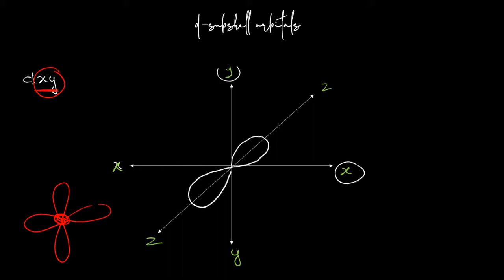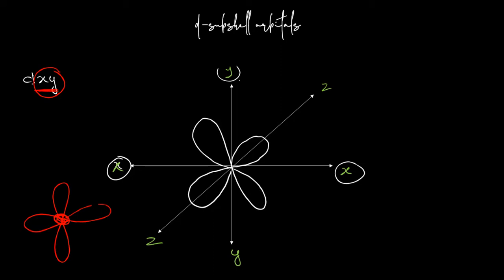Now the second lobe is again going to be positioned in the xy plane, between this x and y, and the second lobe will come somewhere over here. Now, this is a horrible lobe. I'm not that great at drawing lobes, but you get the general idea.